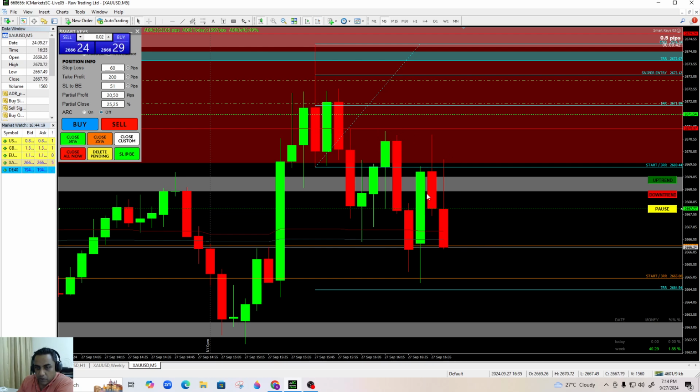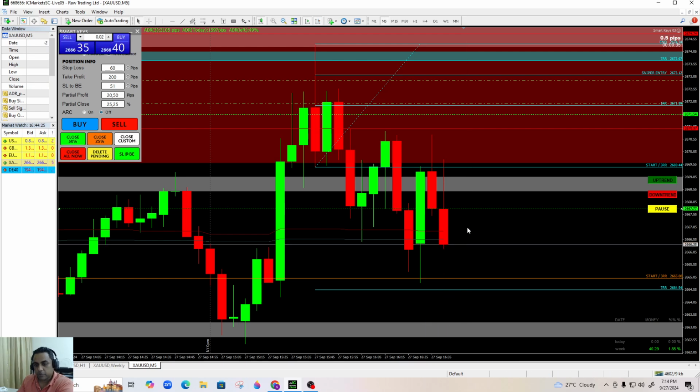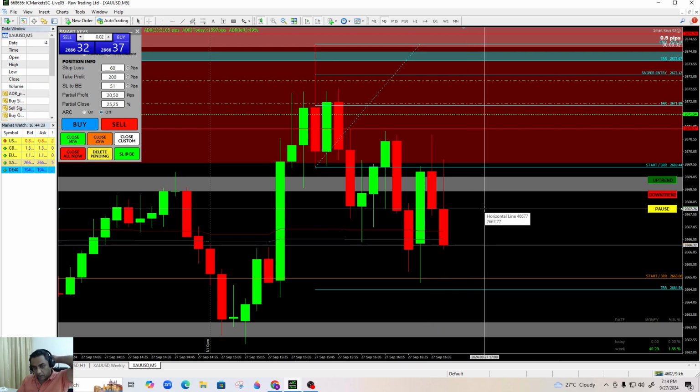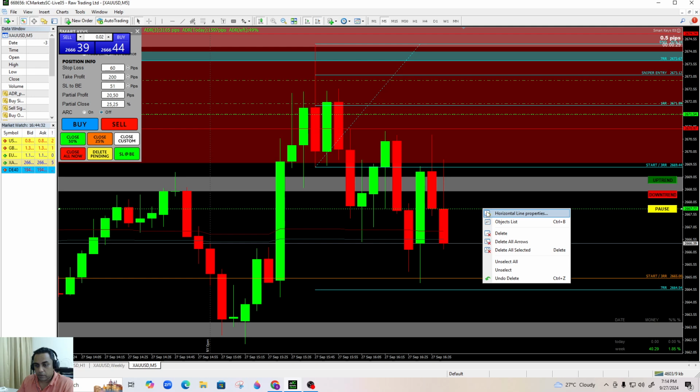So you can use this resistance and see if you take a trade to come down here, 46 pips. If price comes back here, the next candle comes back here. Close 779.